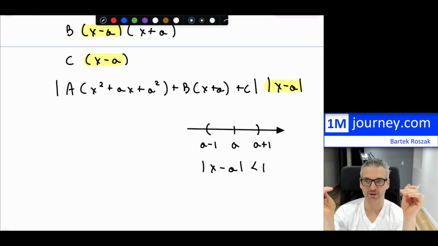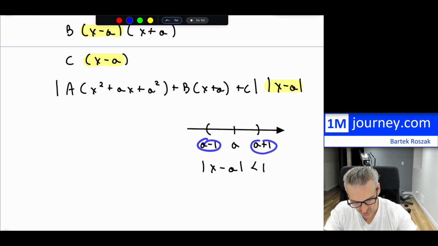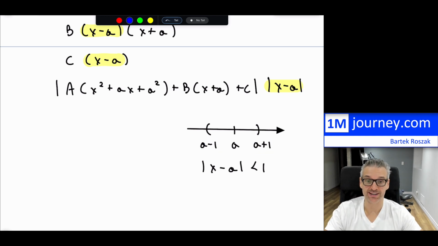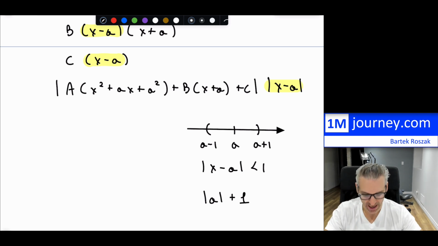Now, on this particular fixed domain that we have, how can we bound the entire thing? The constants, those are simple. However, for the x, because we don't know if a is positive or negative, we don't know if this is going to work or this is going to work. So we kind of have to take the largest one possible and make it positive. So in that instance, it will be a plus 1.